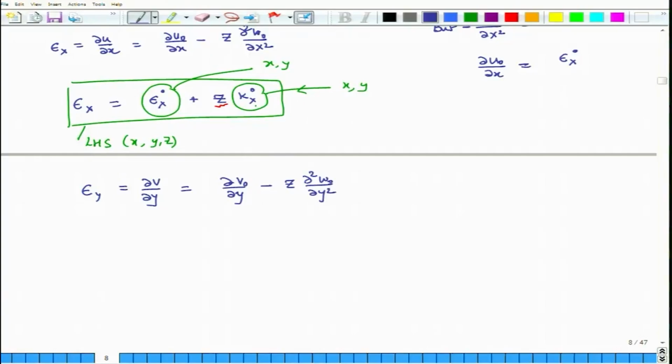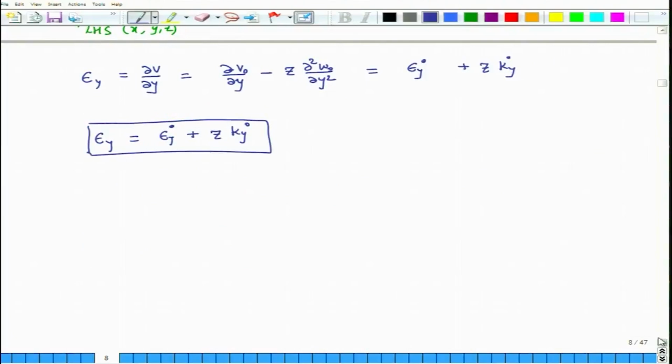And because minus of second derivative of w with respect to y is the curvature in y direction, I can write this as plus z times ky, and it is a mid plane entity, and the partial derivative of v naught with respect to y is the mid plane strain epsilon y naught. So, I can say that epsilon y equals mid plane strain in the y direction plus z times ky. This is the second equation.